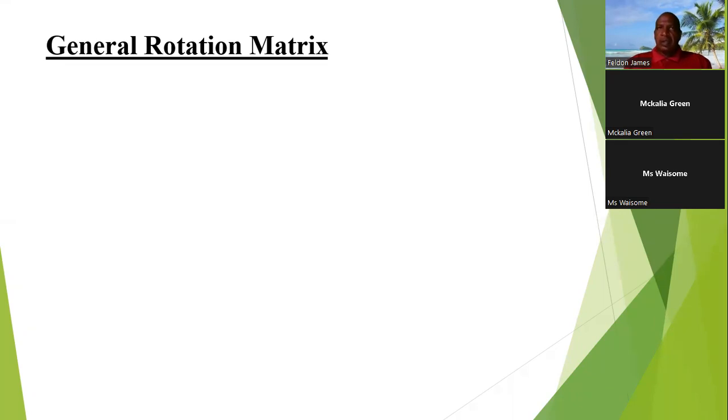Now, the ones for reflections, we have a reflection in the x-axis, a reflection in the y-axis, a reflection in the line y equal x, and a reflection in the line y equal minus x. All right.